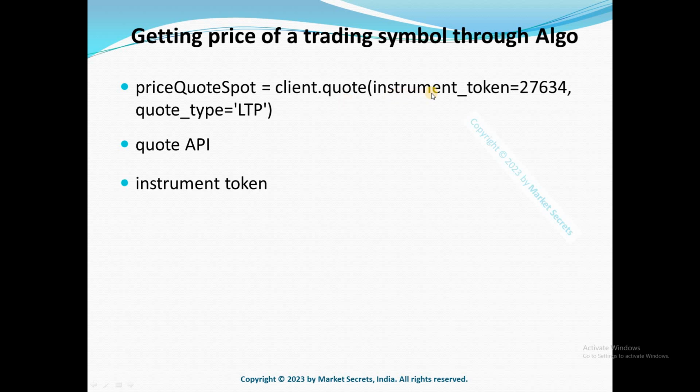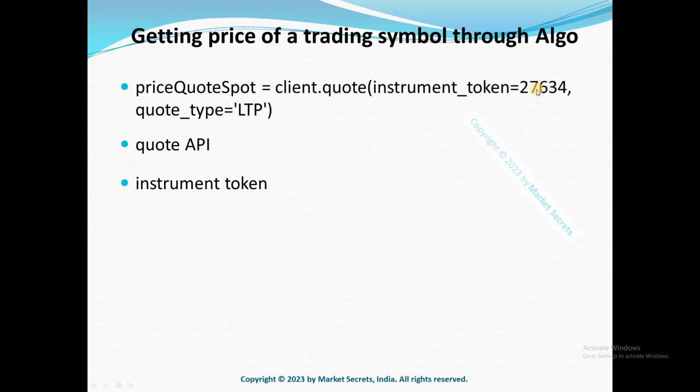Next is the instrument token, which is unique for each trading symbol. We talked about it in detail in the last episode. The instrument token is unique for every single trading symbol, whether it's futures, options, or any particular stock. First we need to find the trading symbol for the stock or the trading instrument for which we need to get the current market price, and feed the instrument token here.